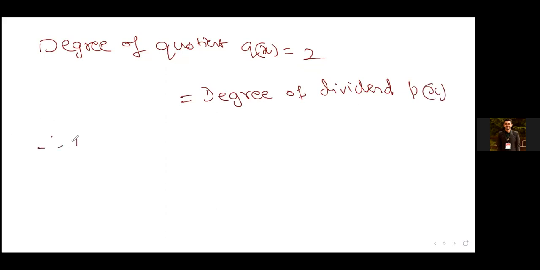Therefore, division algorithm is satisfied.